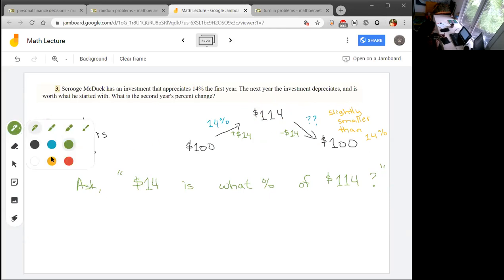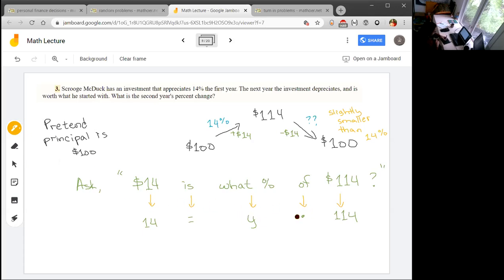We translate things. There is also a proportion method if you liked that. Numbers stay the same. Is becomes equals, I don't know what the percent is, of becomes times, numbers stay the same.